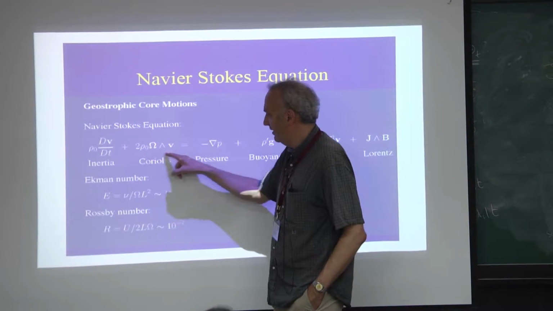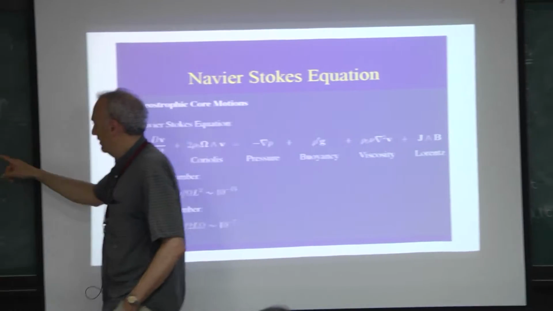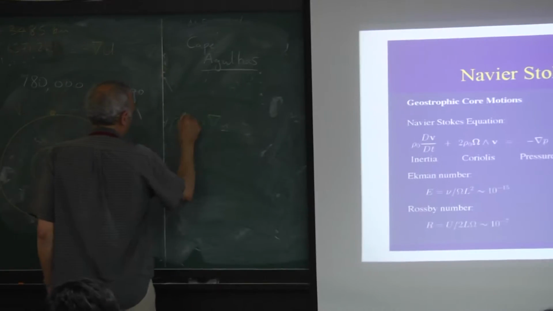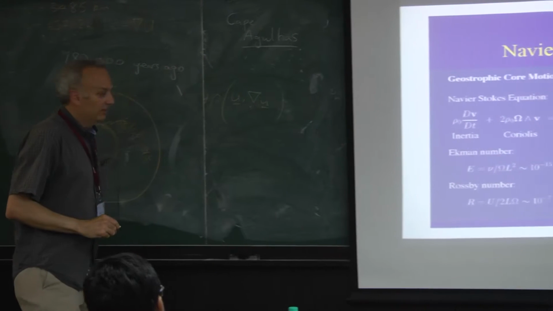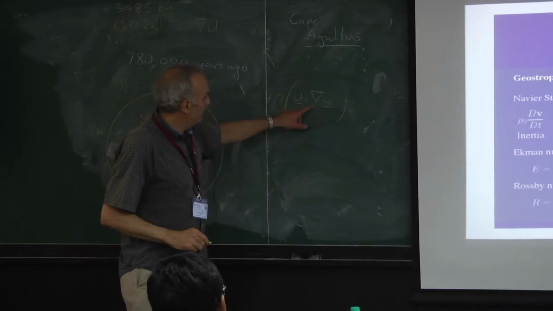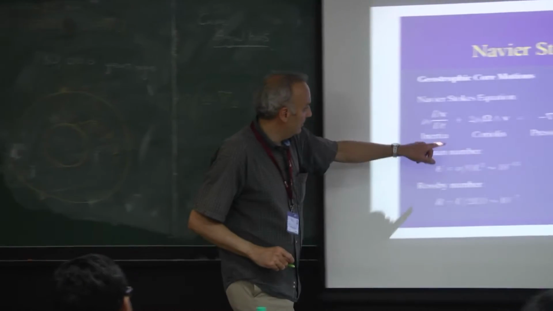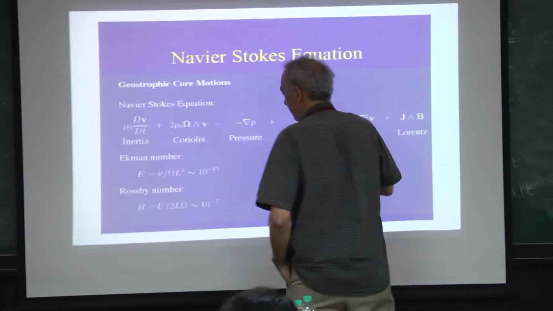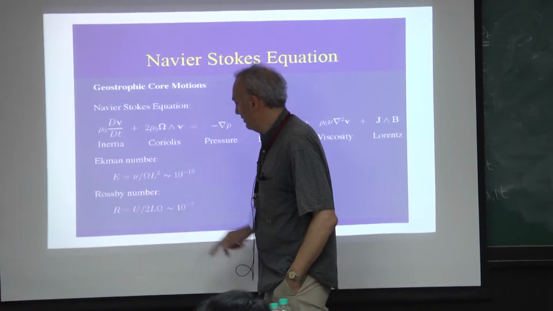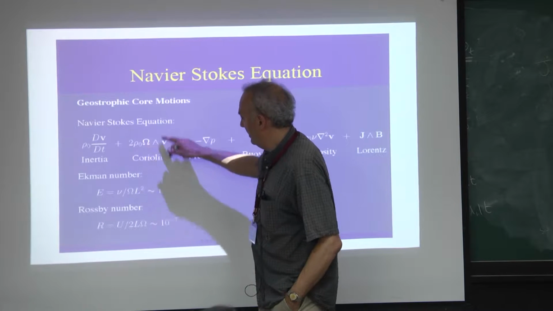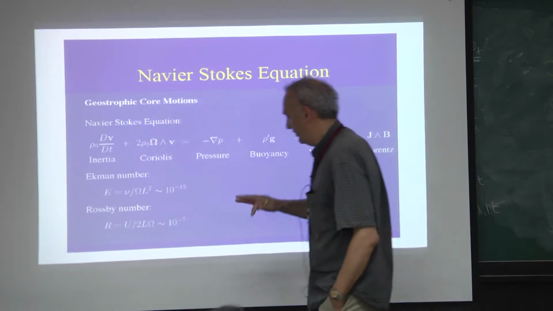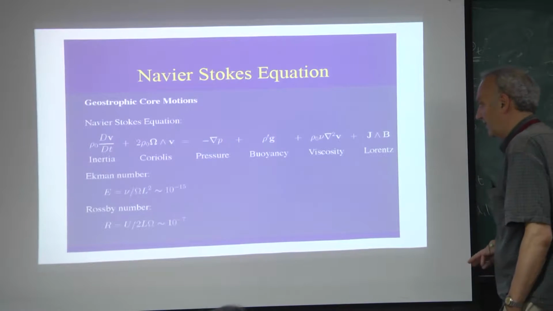So if you compare the Coriolis term with the advective term, which is rho u dot grad u, you'll discover that the advective term is much smaller than the Coriolis force, and that essentially defines the Rossby number, and the ratio of the two is something like 10 to the minus 6, 10 to the minus 7.